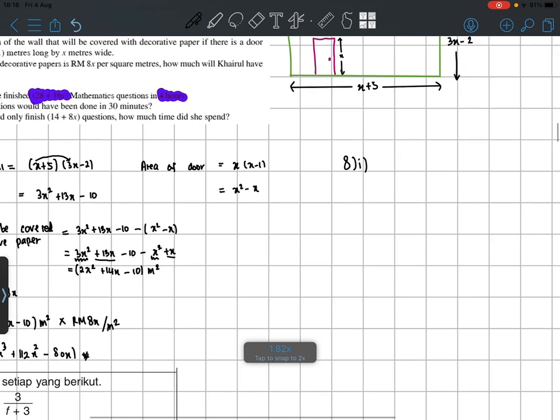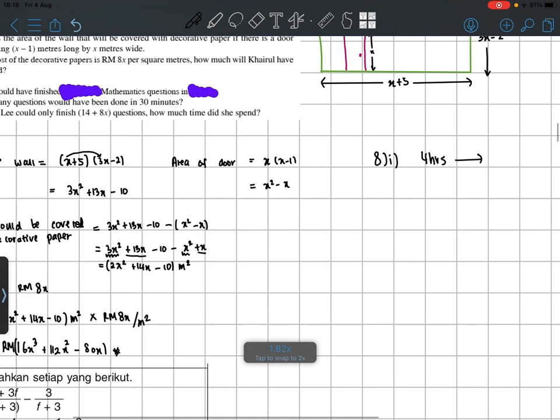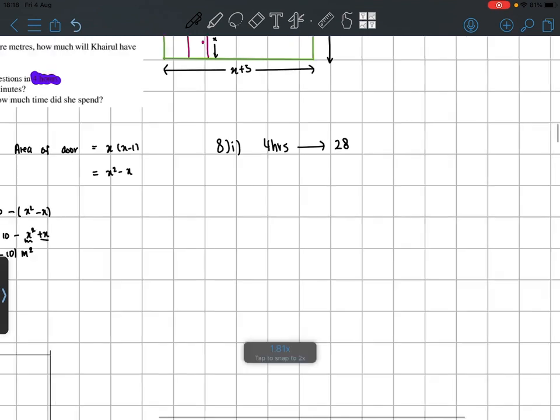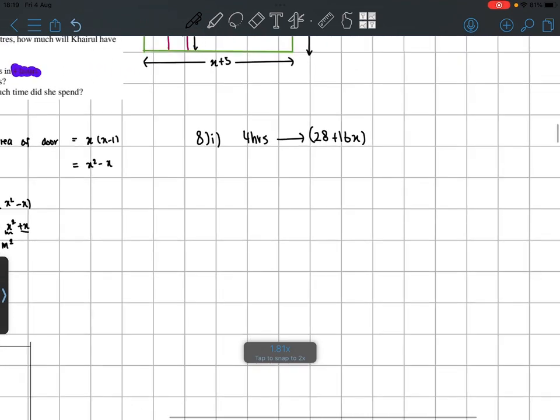In 4 hours, the questions that should have been finished are 28 plus 16x. This is the number of questions that should be finished within 4 hours, which means that for 1 hour you need to divide by 4.